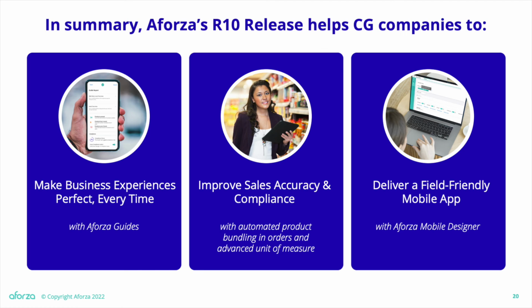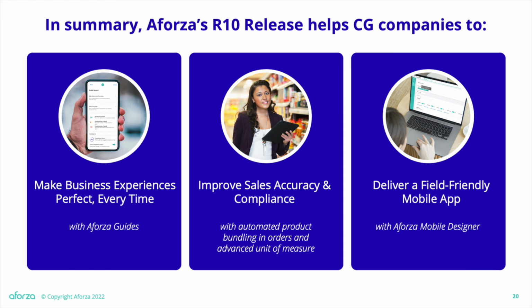By doing it this way, we make sure again that our users have all the tools they need in a really easy to use interface, and it's really efficient and quick and accurate when they're capturing their orders. And then last but not least, we saw the new mobile designer and how you can easily change the mobile experience for your different user types depending on how your business needs change over time.